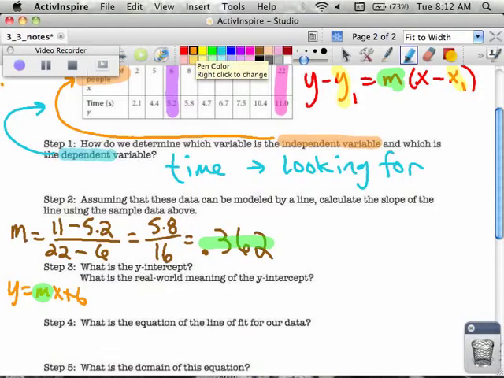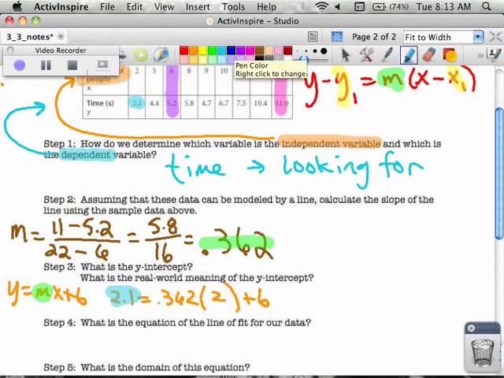Actually, I'm going to use a different one, just for fun. I'm going to use the first point, 2 and 2.1. So my y value from the very first point is 2.1. So 2.1, which is the y value, equals my slope, which was 0.362, times my x value from the first point, which was 2, plus b. In case you're not following, this 2.1 came from the table, it was the y value.